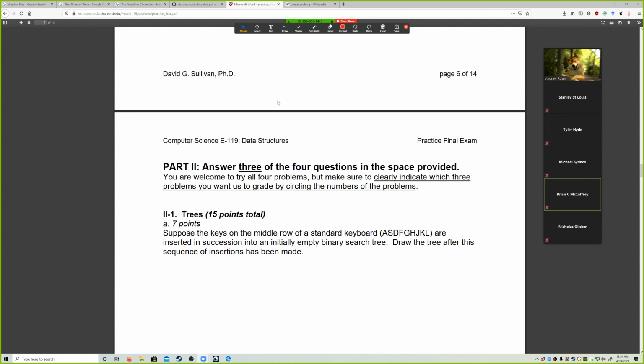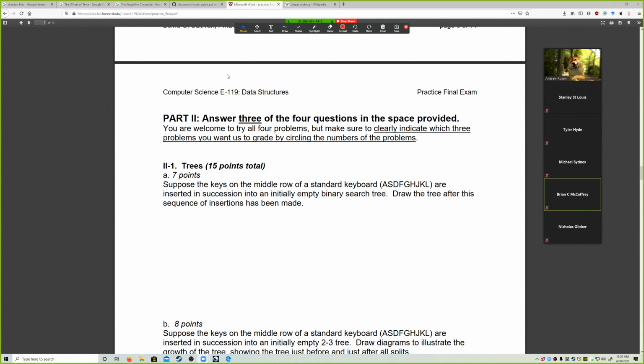Alright, answer 3 of the 4 questions in the space provided. What I recommend is, besides the exams, go ahead and look for a ton of other data structures practice exams. But you'll find that there are things that other classes go over that we don't. This is because a lot of things get combined into data structures and algorithms, and it really just depends on where we prioritize.